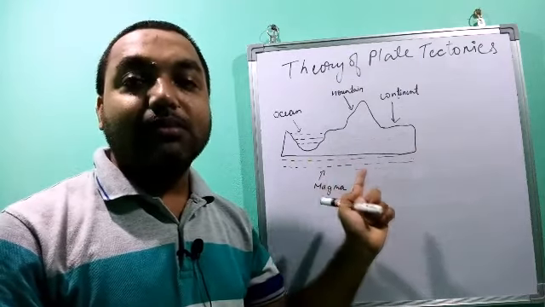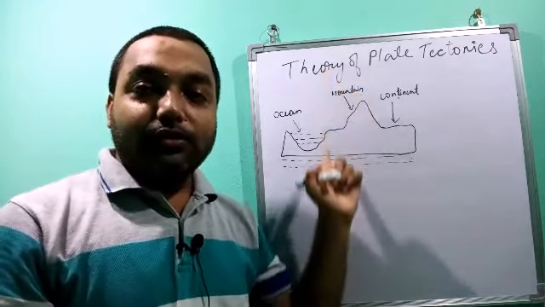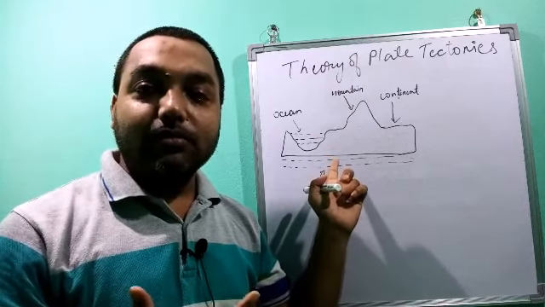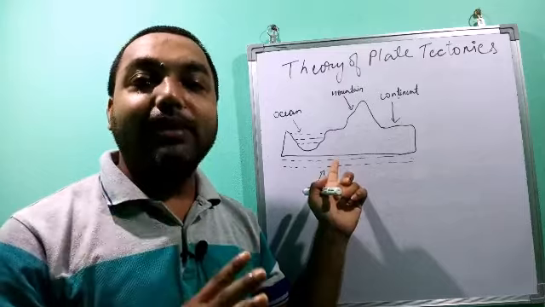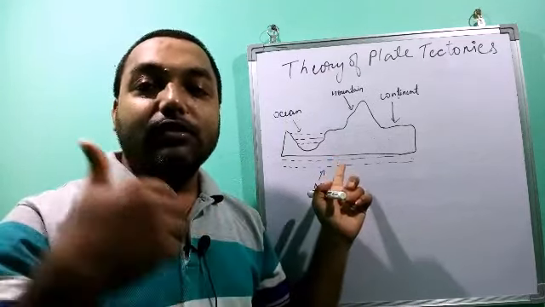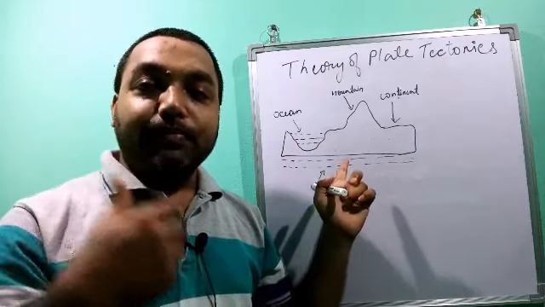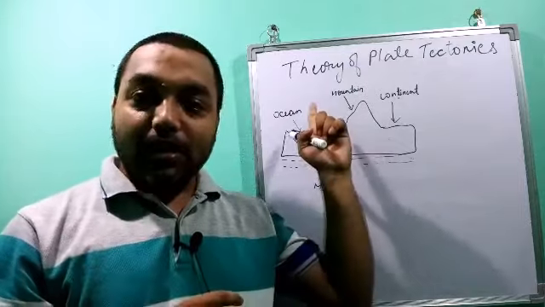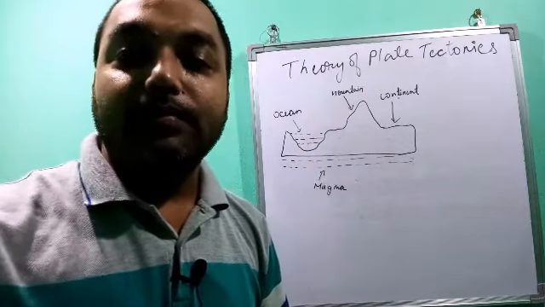So this is the concept of the plate. According to this theory, there are numerous plates on the surface of the earth. Many small and many big plates are there, and they move on the surface of the earth from one place to another. Next let us go to the different types of plates that have been divided according to this theory.